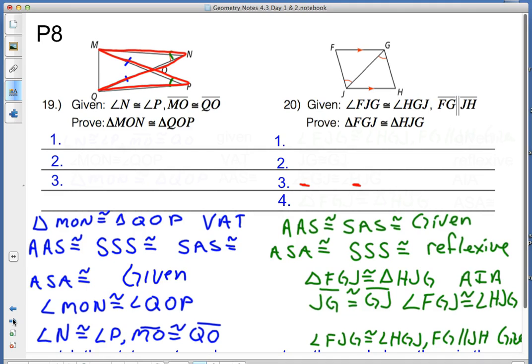Hey, look, it's a bow tie. Do you see the bow tie? So I've got vertical angles. If I do vertical angles, which triangle congruence would have an angle and a side like that? An angle way off on its own and an angle connected to the side that's congruent, and you guys are ready to write this. It's 3 steps. Go.